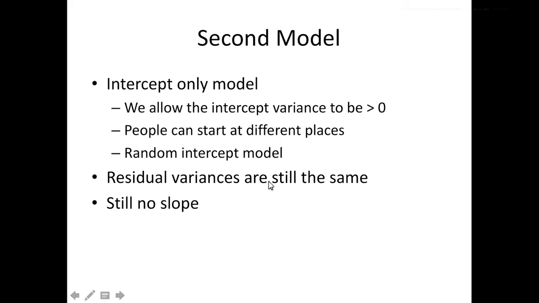You wouldn't necessarily want these to be large differences between people, but you'll see that this will change slightly as we add more parameters, because right now we're still estimating a very flat slope. So we hope that the slope is not flat, but we're going to allow people to start in different places. The residual variances are still estimated to be equal, or we can let them be different, and there's still no slope.